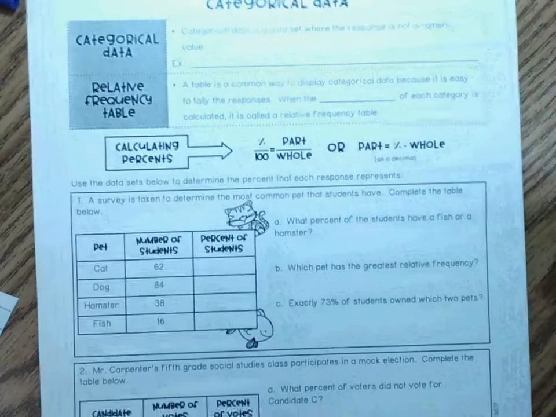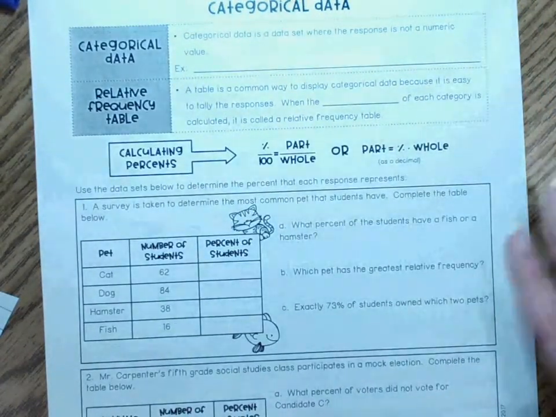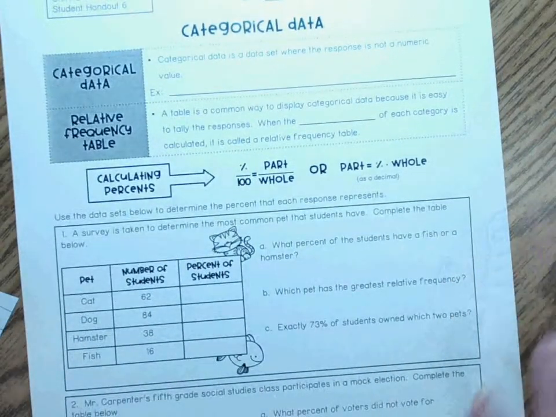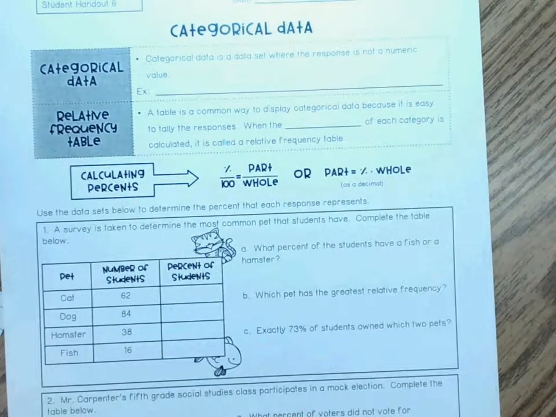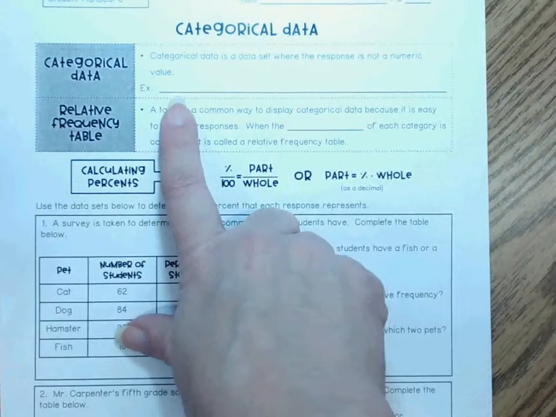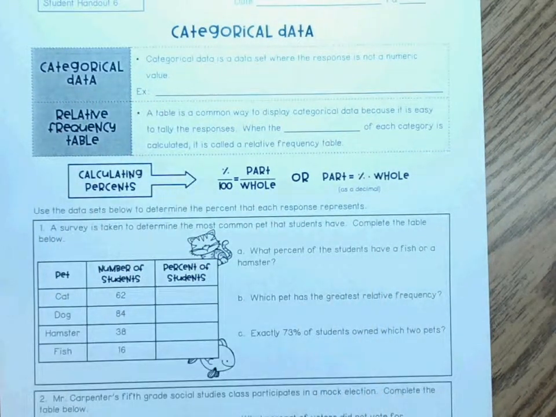So categorical data. Categorical data is when there's not a numeric or number value for our data, such as our favorite ice cream, for example, our favorite genre of movies. So what's a genre of movies?